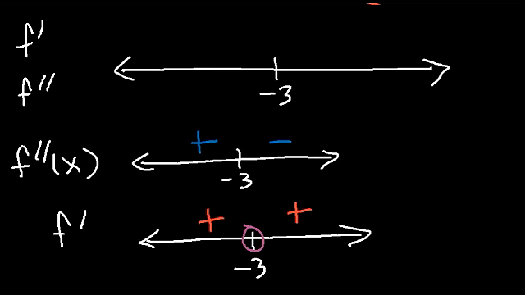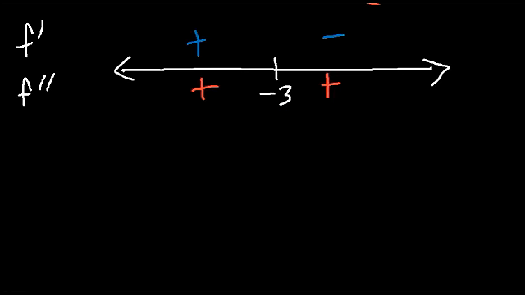The first derivative is always positive, and the second derivative changes from positive to negative across -3. Now I do have to fix something because I have it in the opposite direction. The first derivative is always positive, so that corresponds to those values. So let's put the second derivative on top.